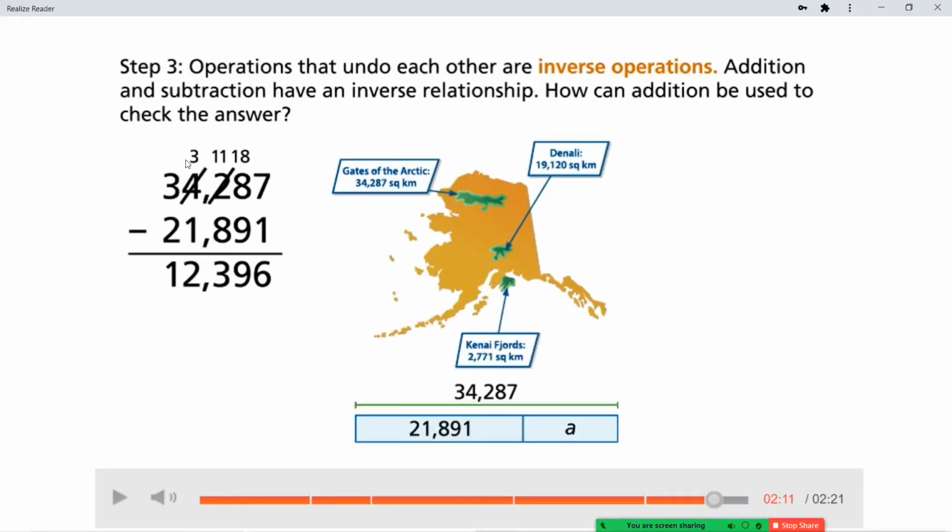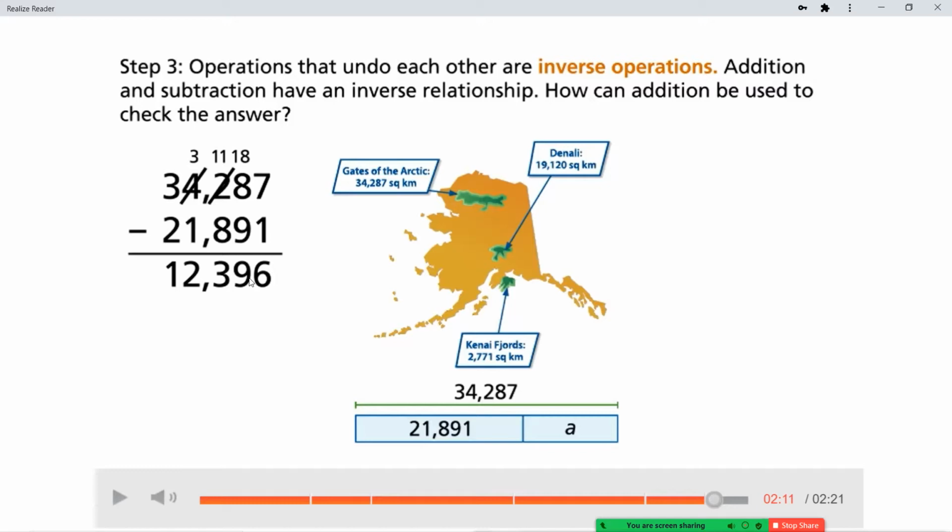We know that the biggest area that we had was the Gates of the Arctic, which was 34,287 square kilometers. The Kenai Fjords was 21,891. And we found the difference, which is 12,396. So our top number is our whole number, and the two underneath it are going to be the parts that make up the whole number.